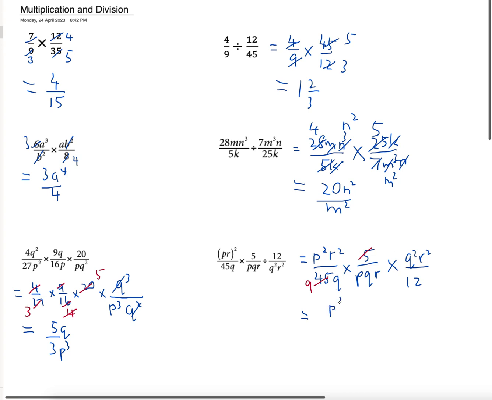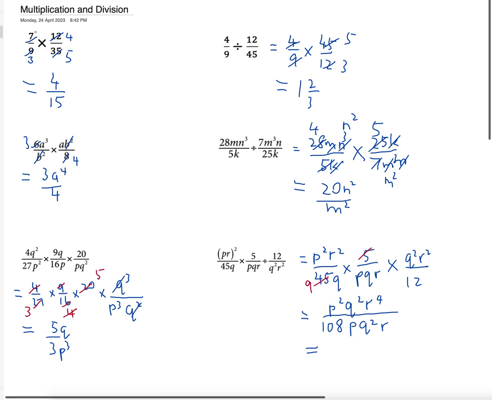We have P squared, Q squared, and R to the 4 over 9 times 12 is 108, and we have P Q squared R. When we multiply out the numerator for the letters and the denominator, then we can clearly see only one term in P in the numerator and one term in P in the denominator.